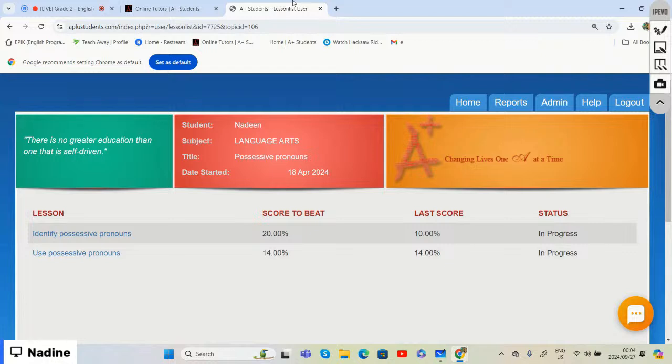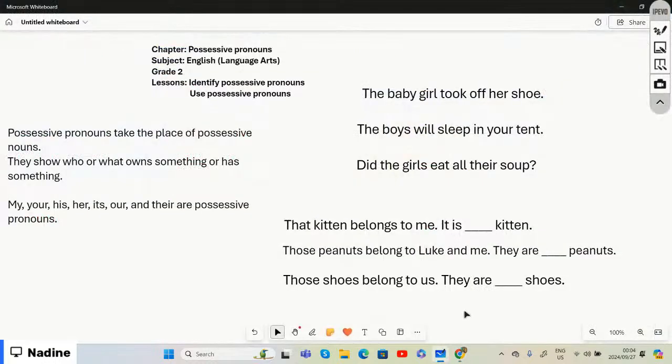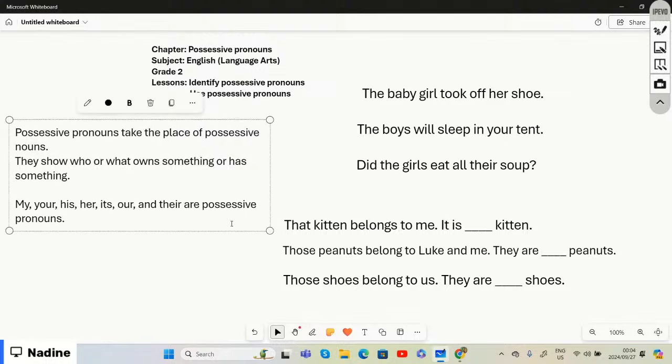All right. So, chapter is possessive pronouns. Our subject is English language arts. We're doing grade 2.